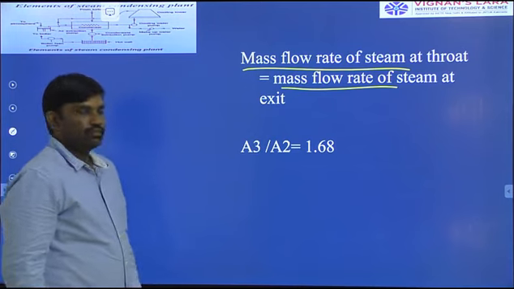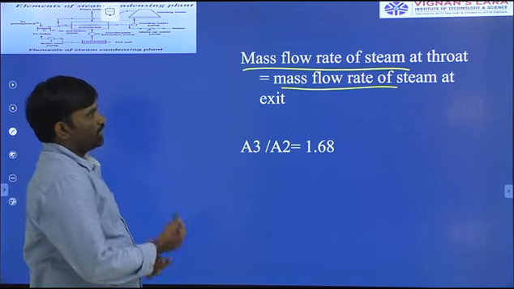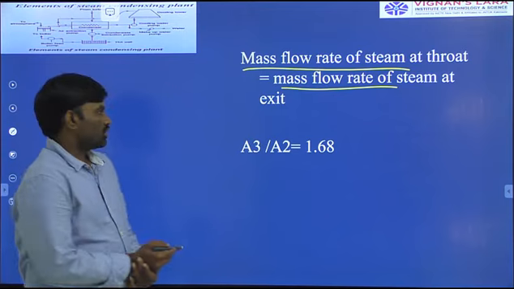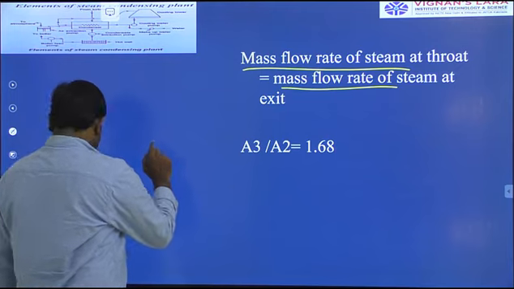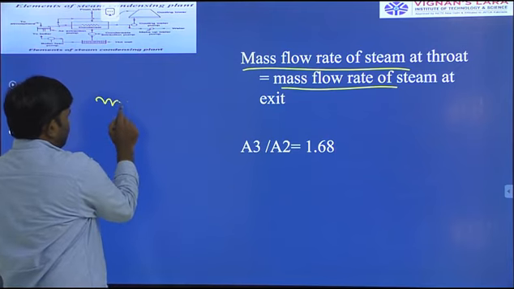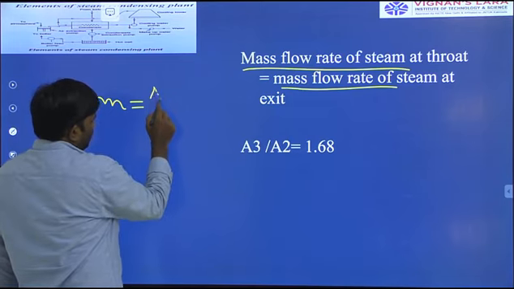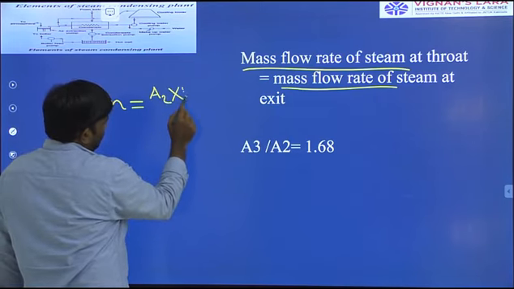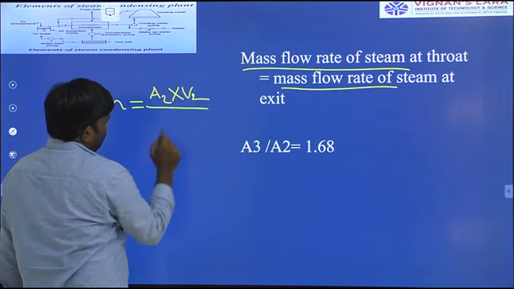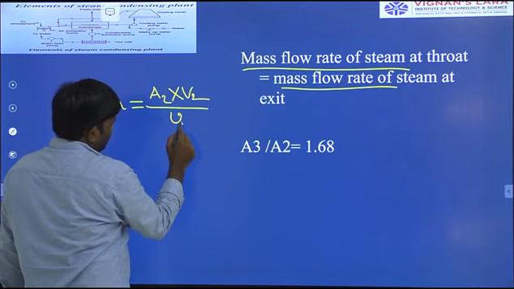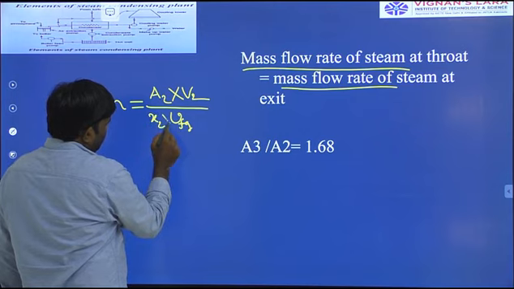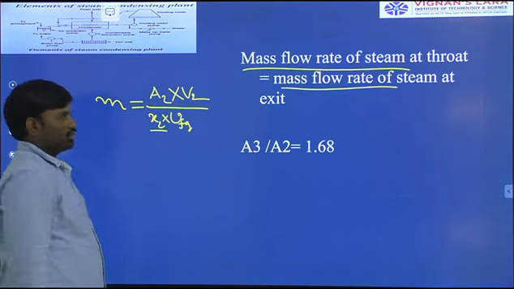Mass flow rate of steam at throat is equal to mass flow rate of steam at exit. That is equal to A2 V2 divided by X2 VFG2, that is area at the throat section, velocity at the throat section, and specific volume at the throat section with the dryness fraction at throat section.